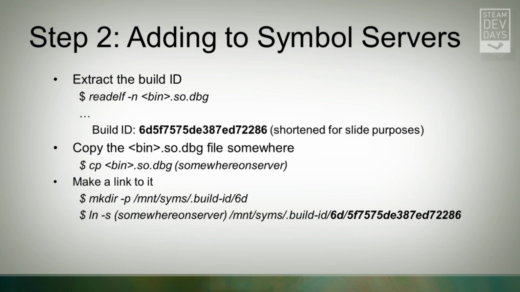And then inside that, we make another directory whose name is the first 2 characters of the build ID lowercase. Why? Because. That's all the depth of explanation I can give you, and that's really a perfectly good reason. Now we make a symbolic link inside that directory we just made, and the name of that symbolic link is the remaining characters in the build ID.